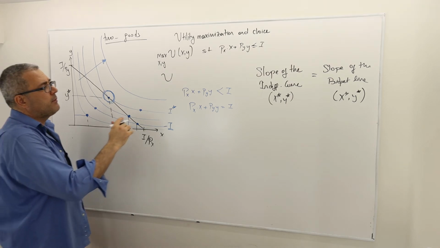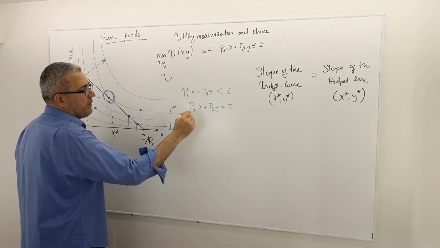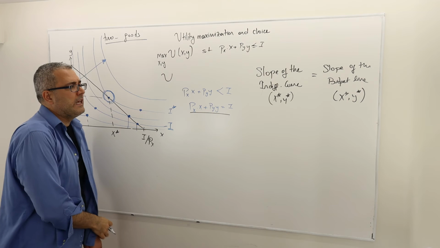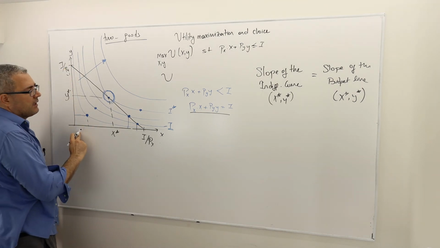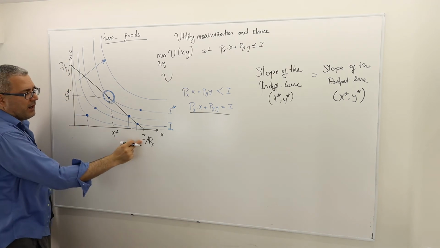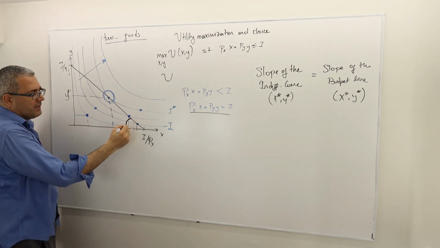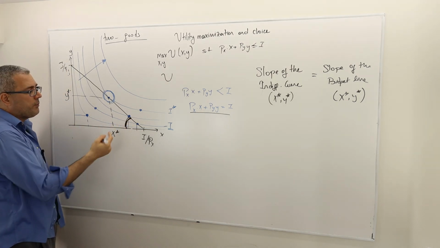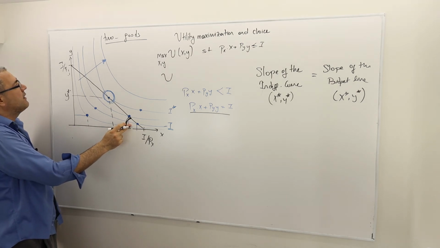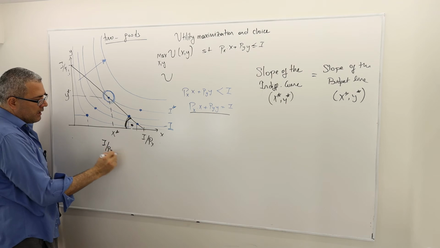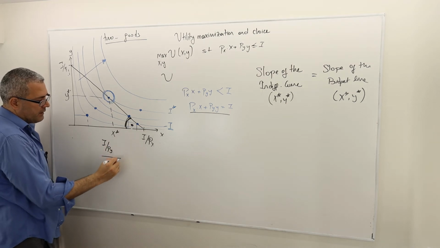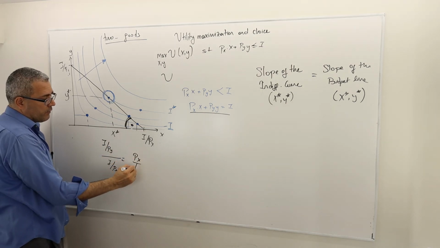Well, simple. Remember, my budget line is x px plus y py equals income. And its slope is basically the y-intercept divided by the x-intercept, because the slope is always the tangent of this angle, all right, which is I over py divided by I over px, which basically means px over py.